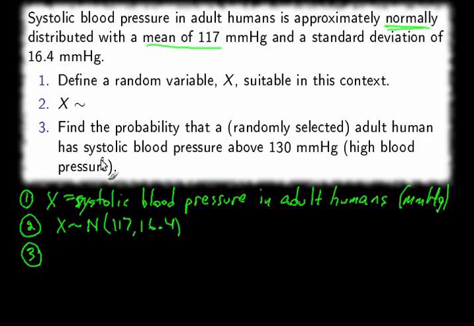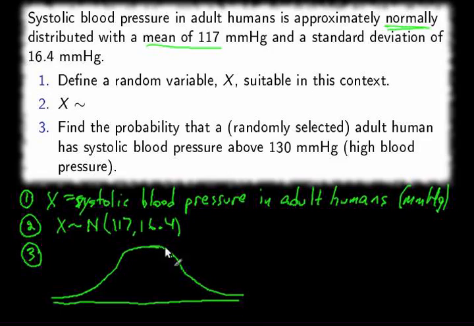Number 3. Find the probability that a randomly selected adult human has systolic blood pressure above 130. That is high blood pressure. Okay, so to get an idea what we're looking at, we sketch a picture. The normal curve looks something like this.